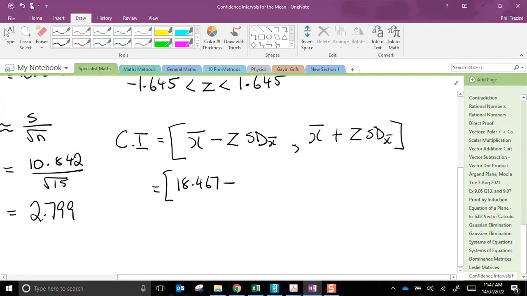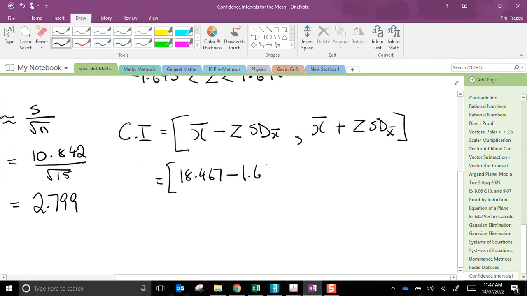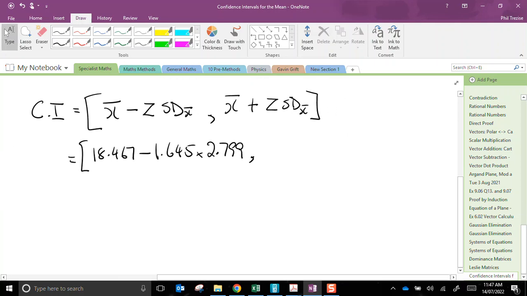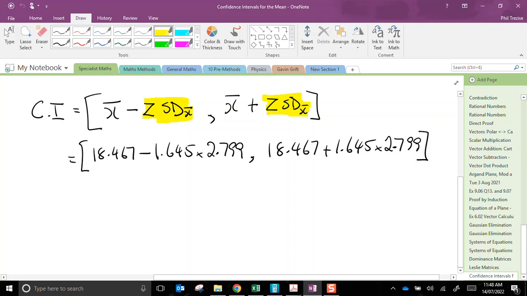Our z-score was 1.645. And our standard deviation of the mean was 2.799. Now we do the same thing, but we add. Now, something to remember, this part of the calculation is sometimes referred to as the error margin. So that's something you might see occasionally in a question.